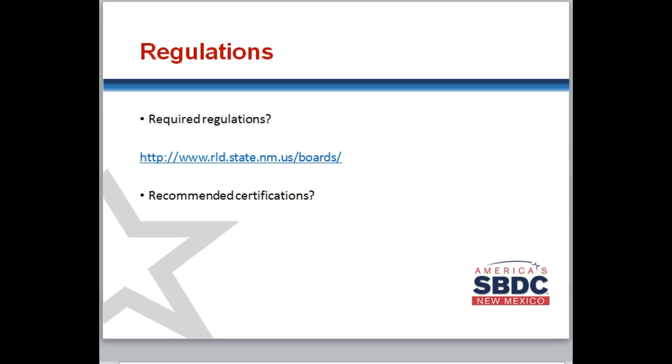Regulations. Some businesses are regulated. Usually it is the state that will require or regulate a certain activity, usually to safeguard the public. Each state that you operate in may have its own regulations. In New Mexico, you can visit www.rld.state.nm.us/boards.